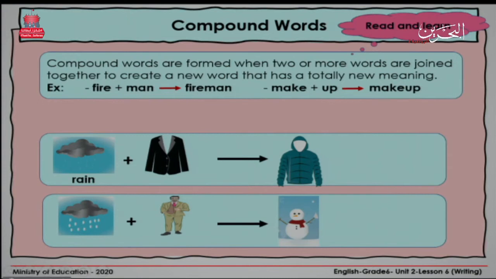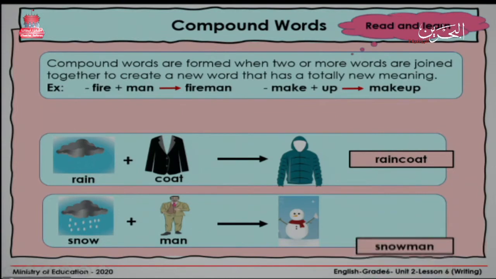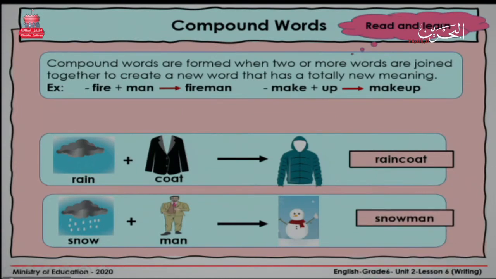Rain plus coat. Raincoat. Raincoat is a waterproof or water-resistant coat. Snow plus man, we come up with snowman. Snowman is a figure which is made of snow that resembles a human being.